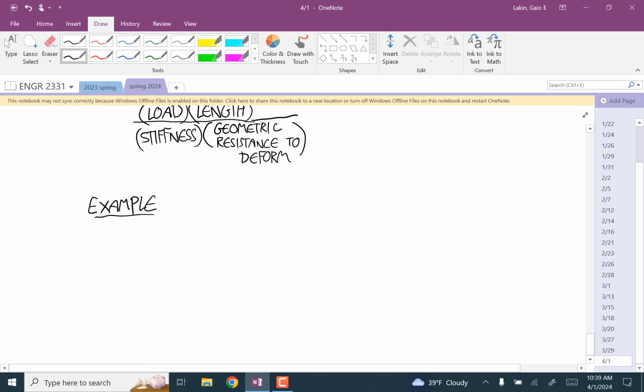So let's say first we'll do a cantilever thing, and let's say we have a torque in the middle of 200 Newton meters, and then a torque at the end of 300 Newton meters.